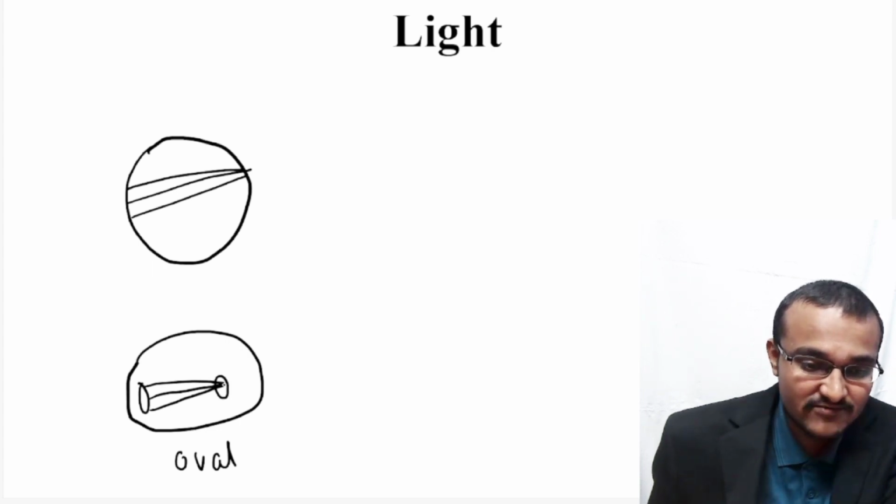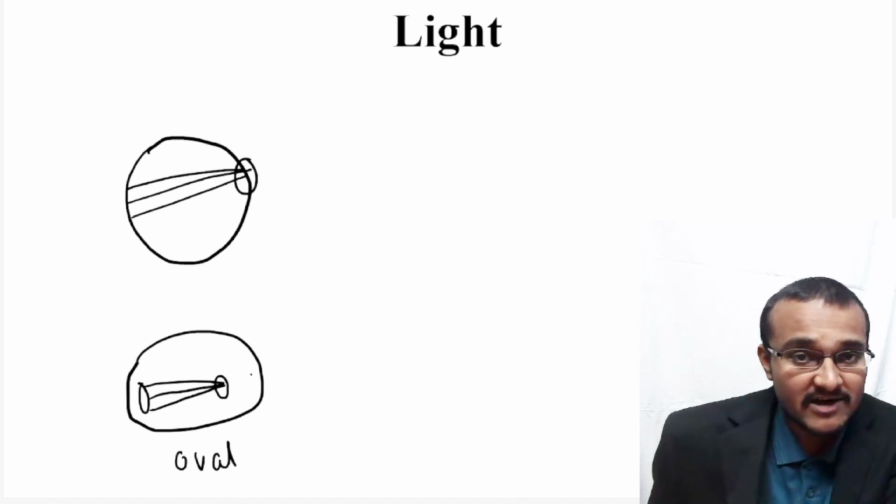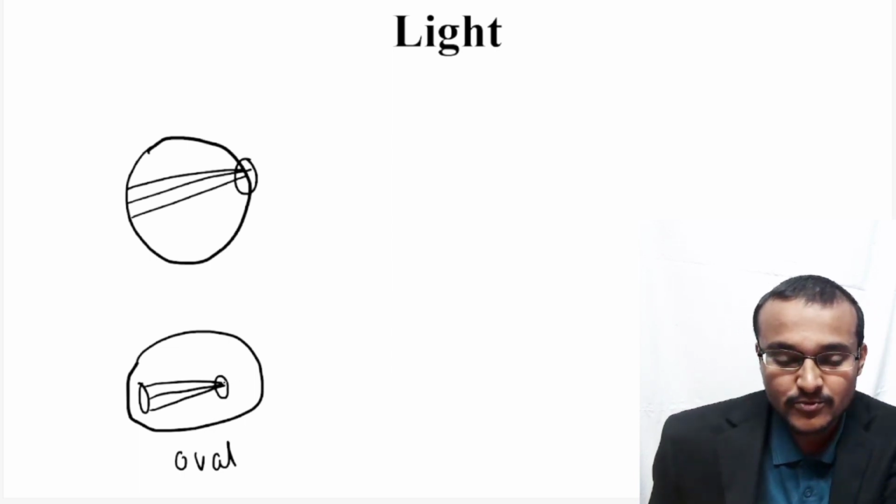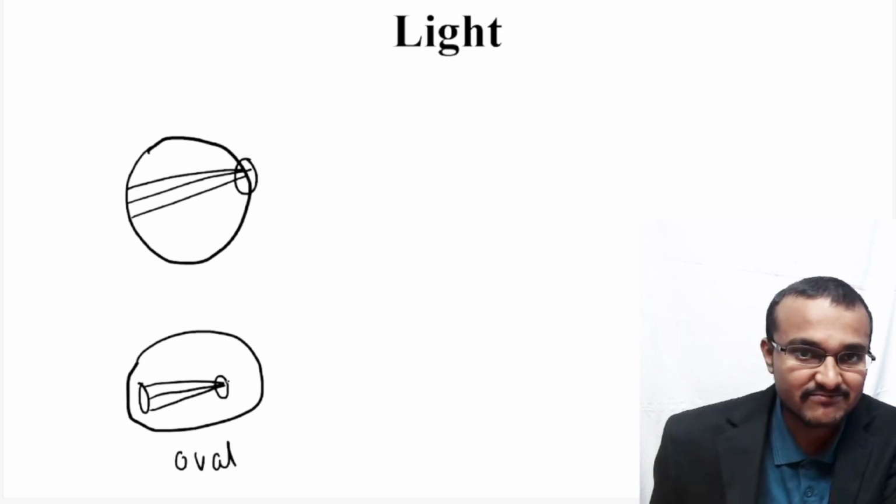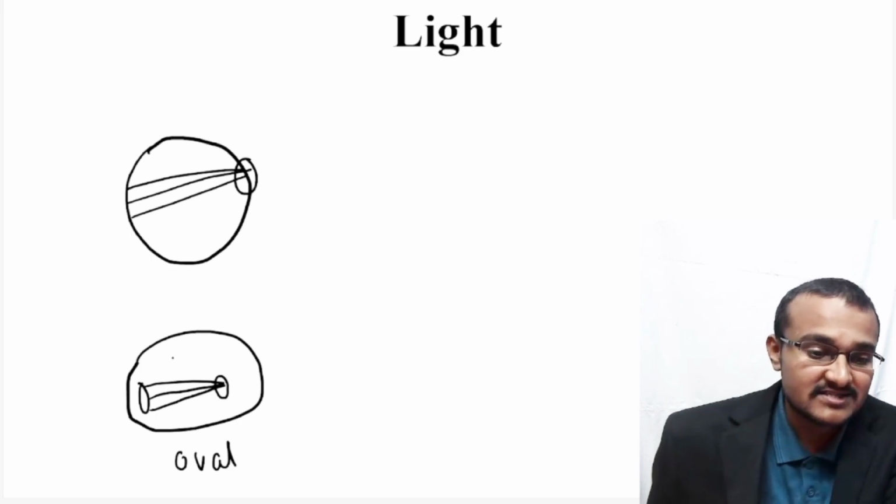It does not converge exactly on the retina, but at a point a little bit forward. So there is no proper convergence of light on the retina. This situation is known as myopia.